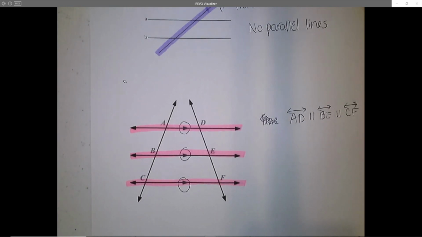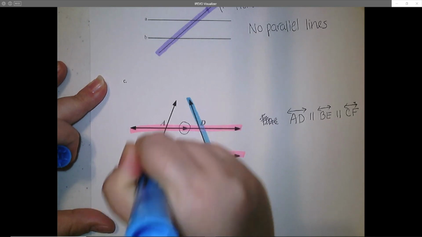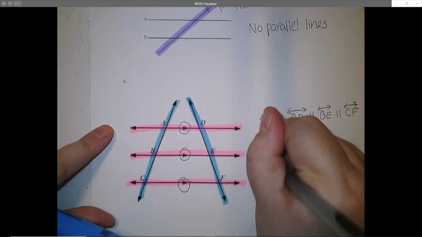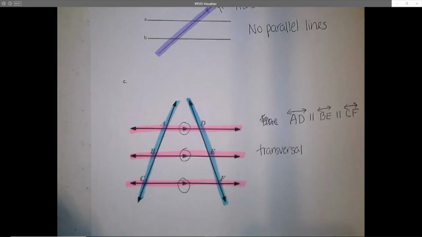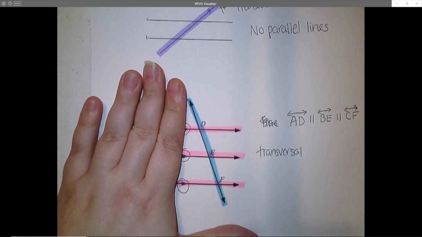Transversal, do I have any line that crosses over 2 or more? Well, I have 2 transversals. I'm going to highlight them in blue. Okay, there are my 2 transversals. We name a line with 2 points. If I look at this first blue line, there's D, E, and F on it in terms of points. You name 2.